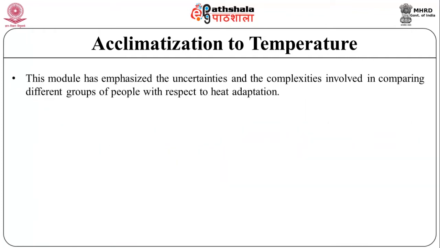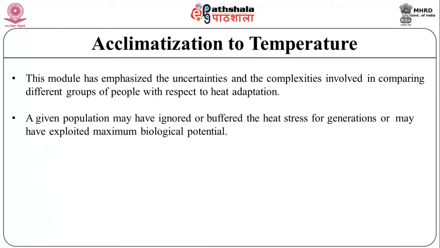This module has emphasized the uncertainties and the complexities involved in comparing different groups of people with respect to heat adaptation. A given population may have ignored or buffered the heat stress for generations, or may have exploited maximum biological potential.